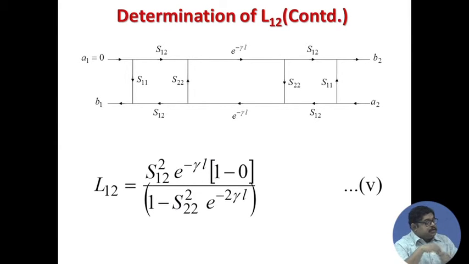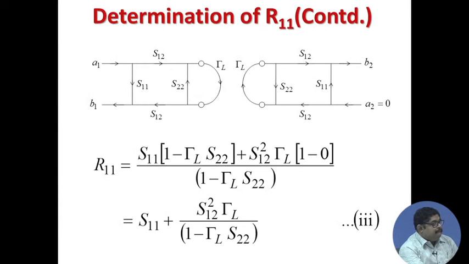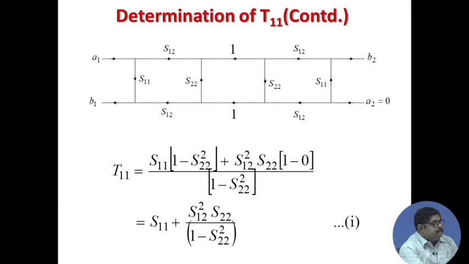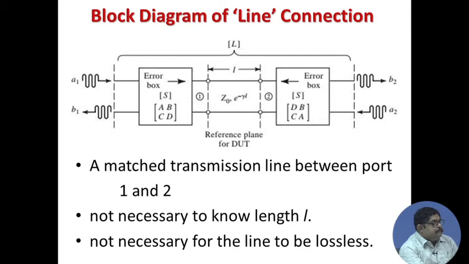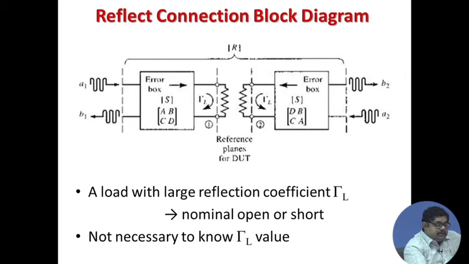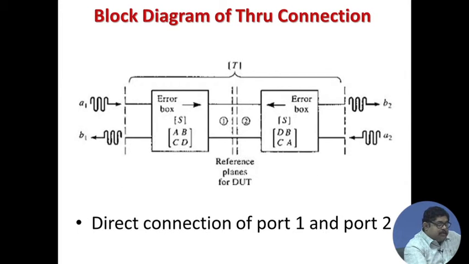So, 5 equations. We have got these in terms of the error box S12, S11, S22, etc. We have got these 5 equations. Now, you see in all these cases, the network analyzer is measuring this L matrix for line connection, R matrix for reflect connection, and T matrix for through connection.